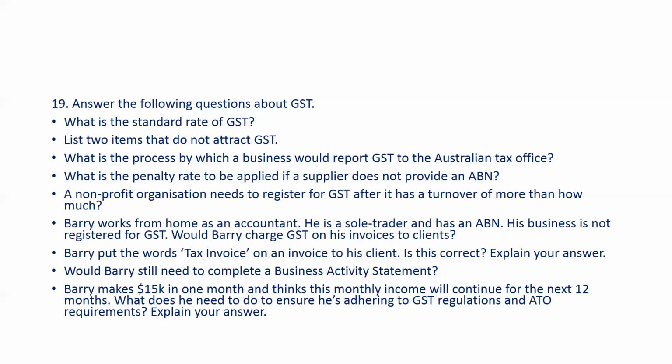List two items that do not attract GST. See, I was talking about this question. They don't have any GST. So I can give you maybe 6 or 7 points. So let's say most basic foods such as bread, fruit, vegetables, they don't have any GST because these are basic foods.